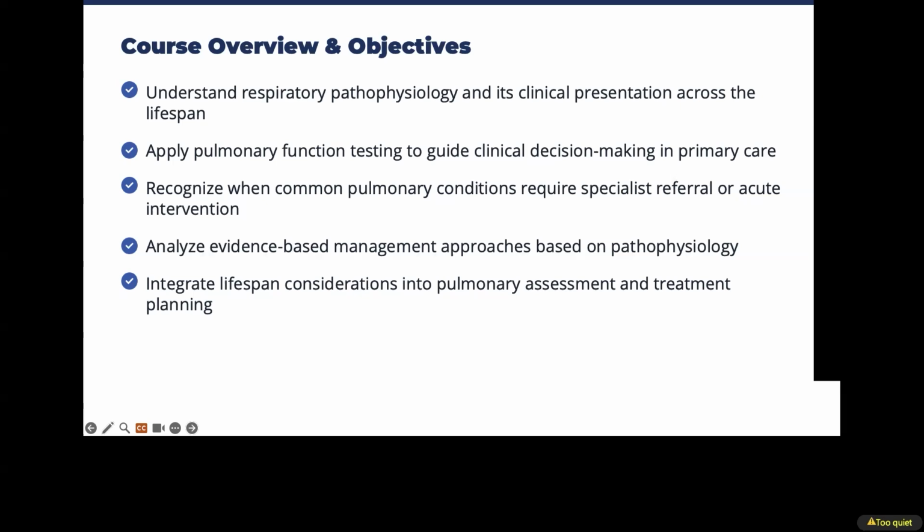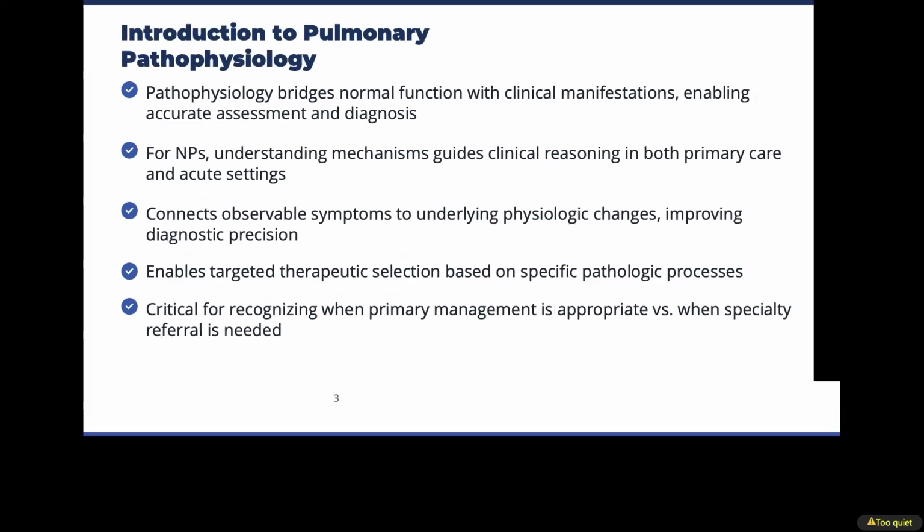We're going to integrate this across the lifespan so we can consider what the pulmonary assessment and treatment planning might look like in the neonate, the child, the middle-aged adult, the elderly patient, the pregnant woman. How does respiratory physiology shift with each phase? And what do we mean by normal in pulmonary physiology? And how does that pathology disturb the state?